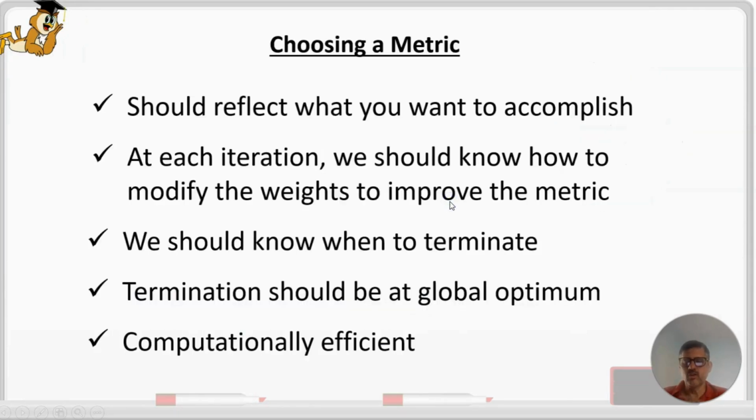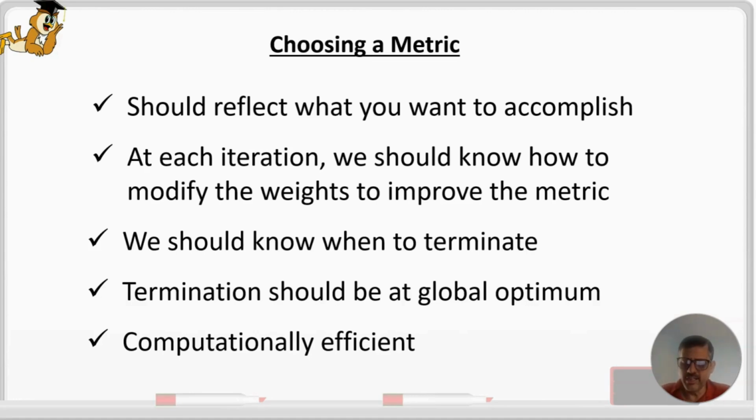So where are we? Let's take a quick look back. We said at the beginning of this lecture, when we talked about choosing a metric, that the metric should first of all reflect what you want to accomplish. Minimizing the mean square error seems like a reasonable metric from the point of view of what you want to do.